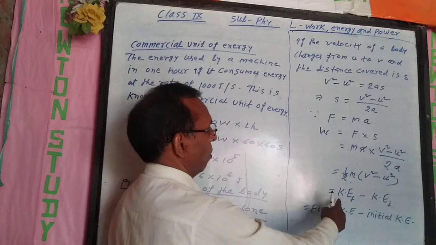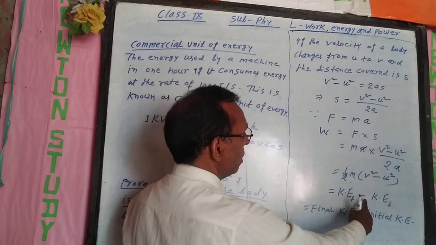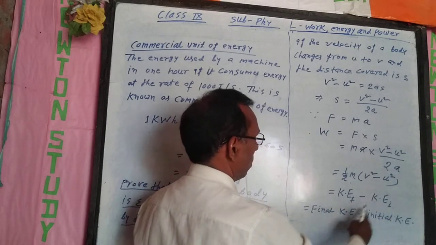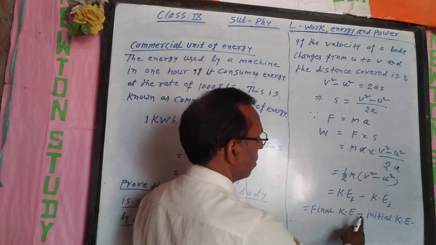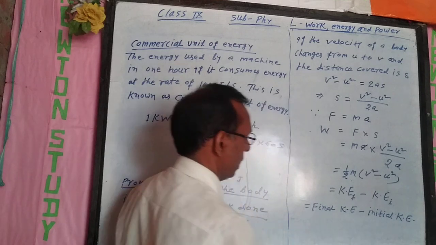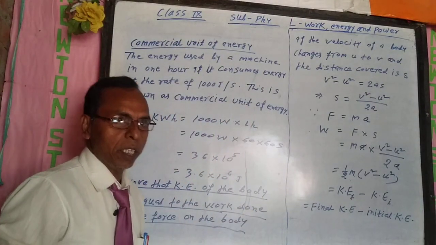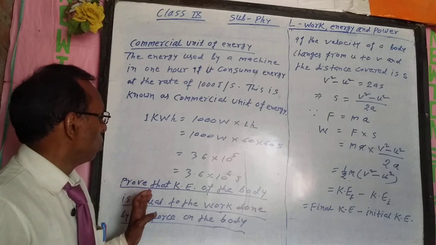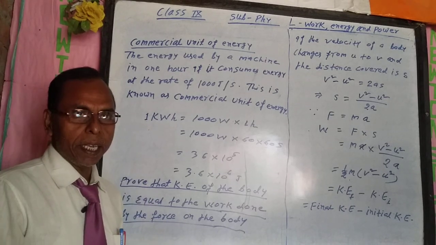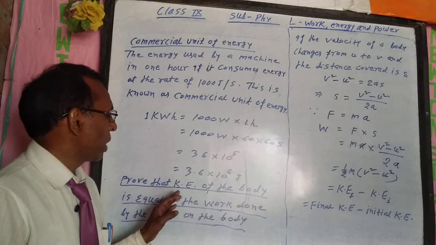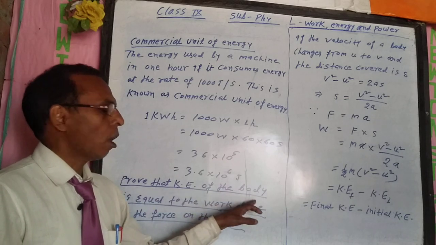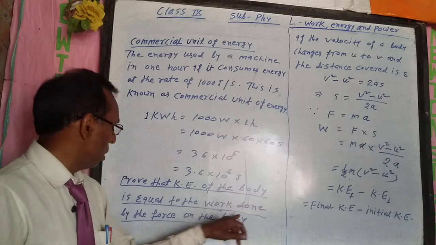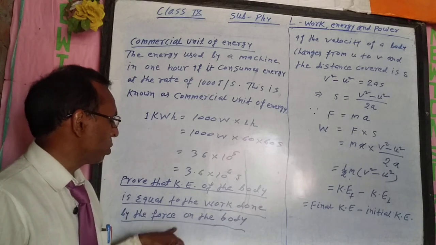So this is final kinetic energy minus initial kinetic energy. Thus we can verify and prove that the kinetic energy of the body is equal to the work done by the force on the body.